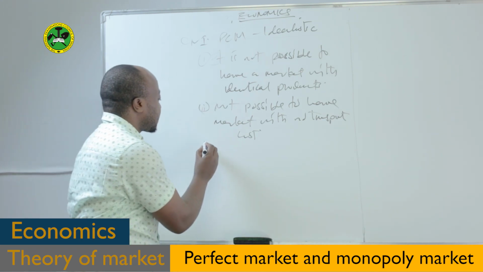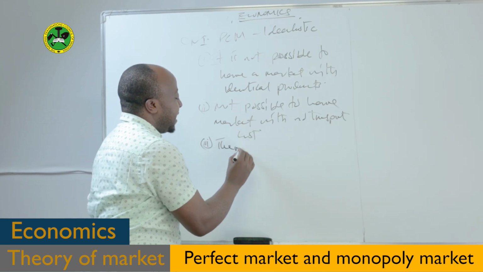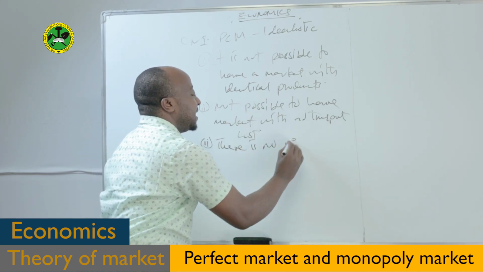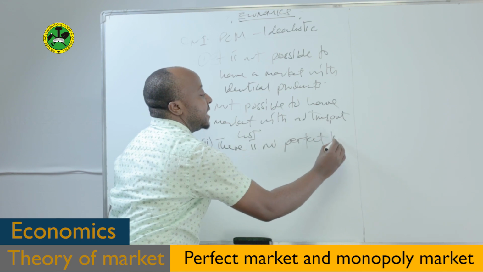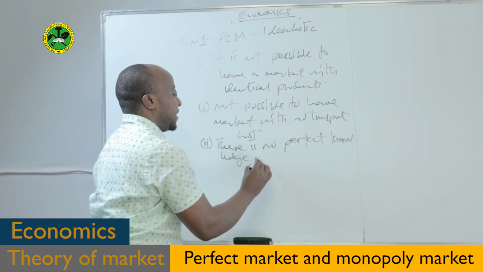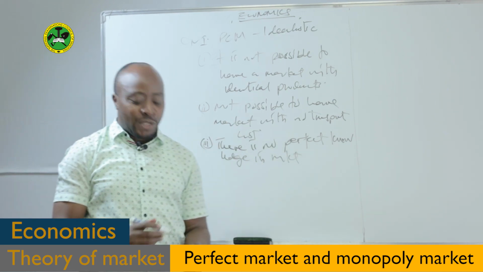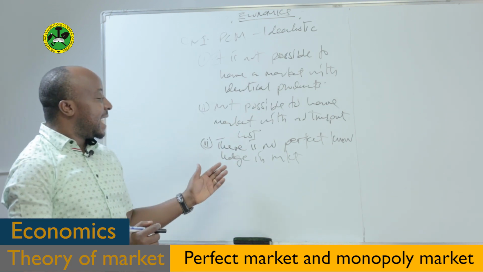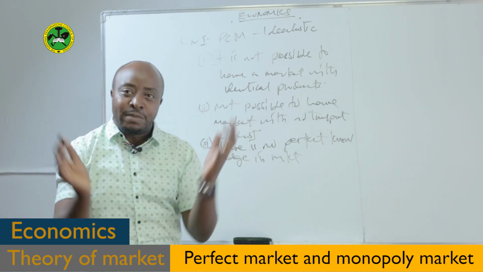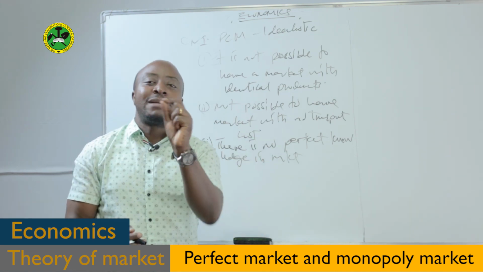The other one: there is no perfect knowledge in the market. It means we cannot have a market with perfect knowledge. We said in a perfect market there is perfect knowledge because consumers and sellers have complete information about the market situation.